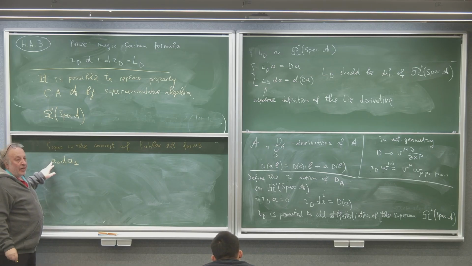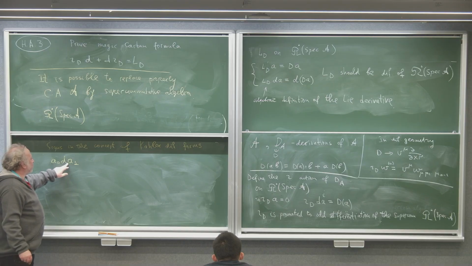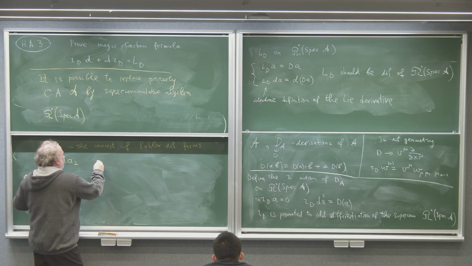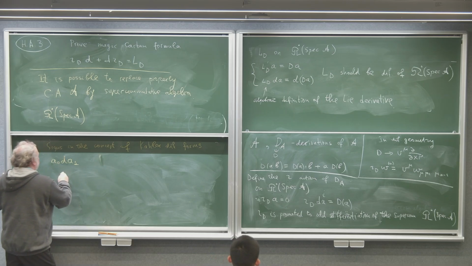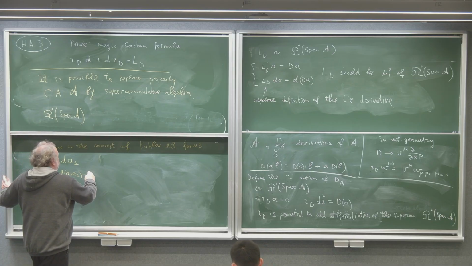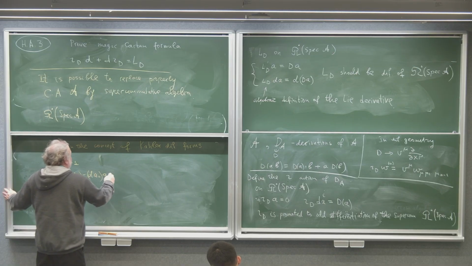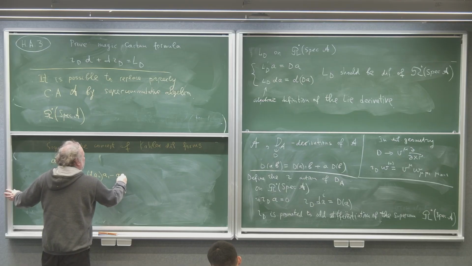Remember, we started with A_0 dA_1, and we were trying to factorize it over dA_0 A_1 minus A_0 dA_1.